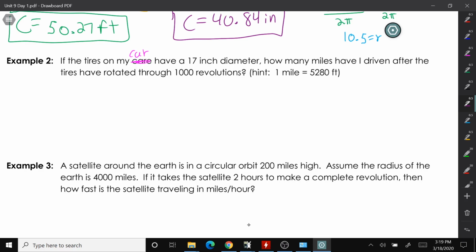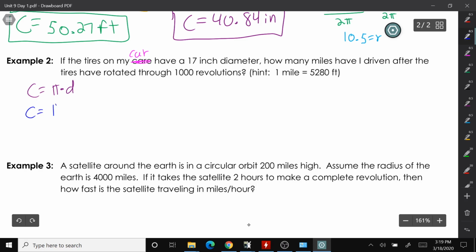The diameter is 17, so circumference equals pi times the diameter. Circumference equals pi times 17. And that will equal, if we type that into our calculator, we get 53.41.